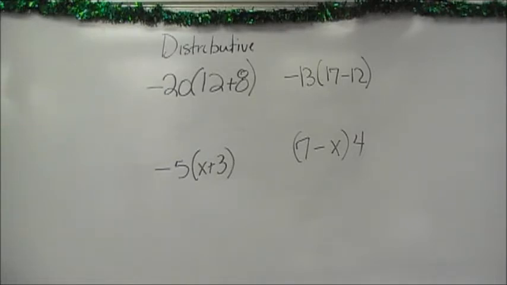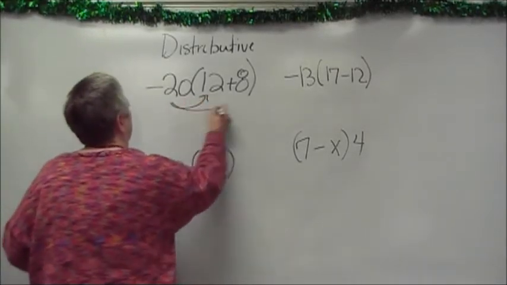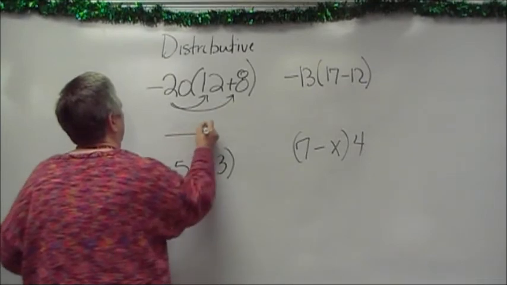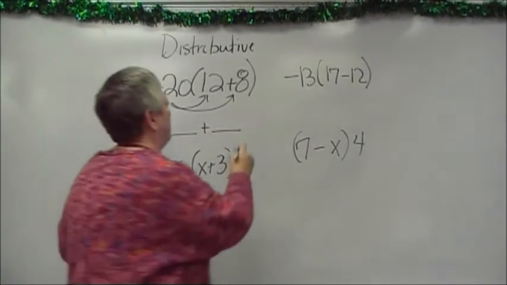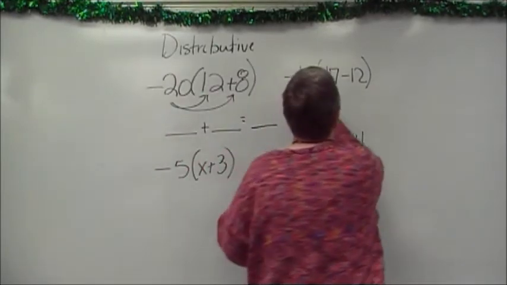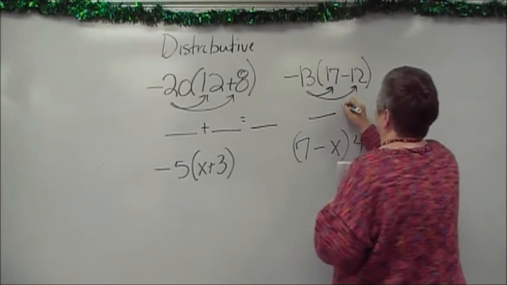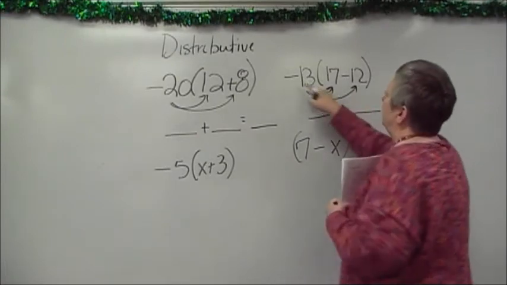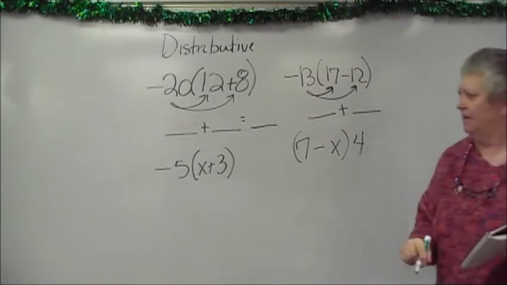The other ones you should be able to do. So you're looking for those two numbers before you can add them together. And remember, negative times negative would get you a positive.